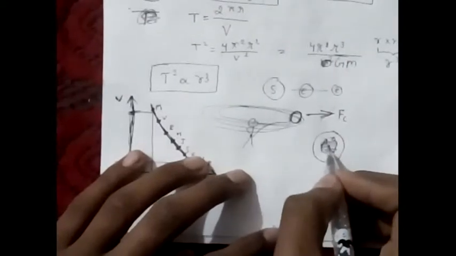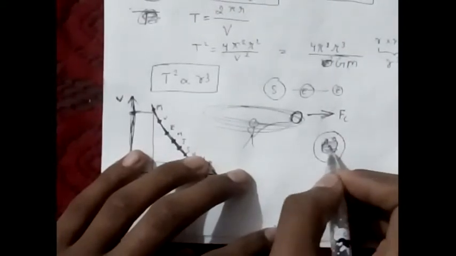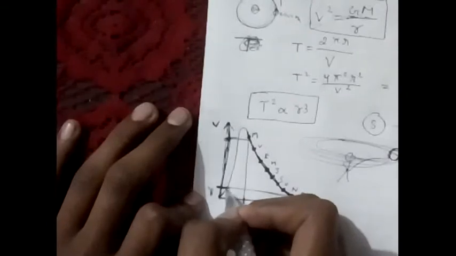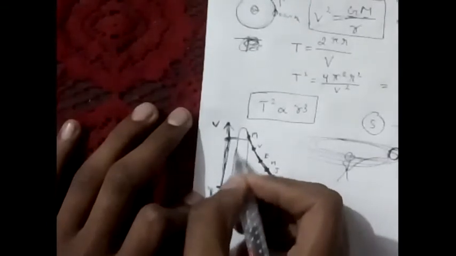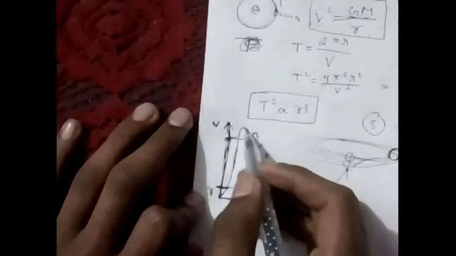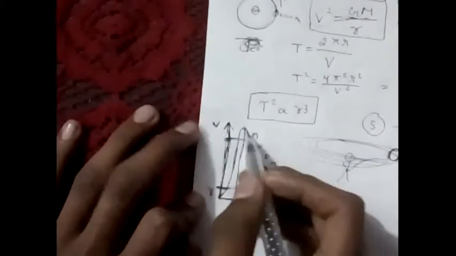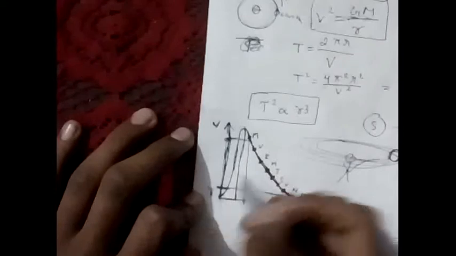And when the object will come at the center, its speed will be 0. We can express it in such a way. This would be the movement of the planet inside the sun.